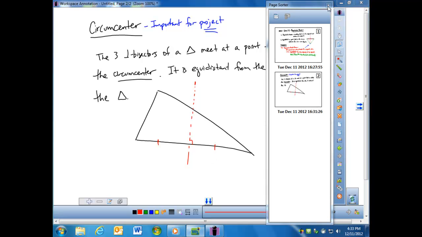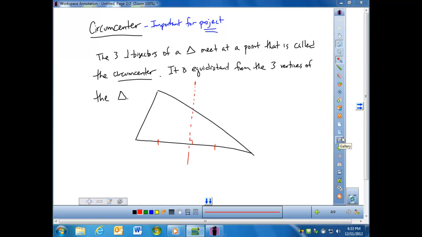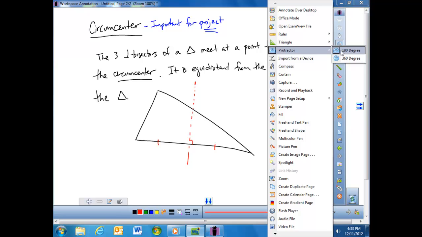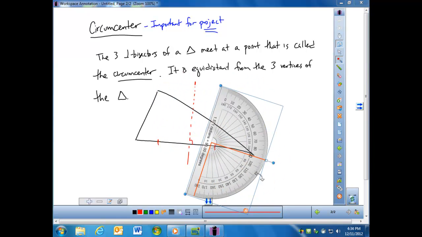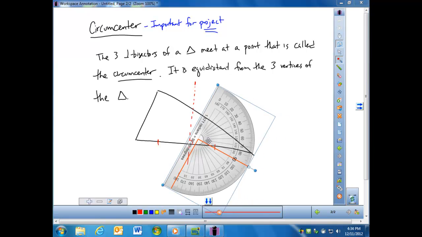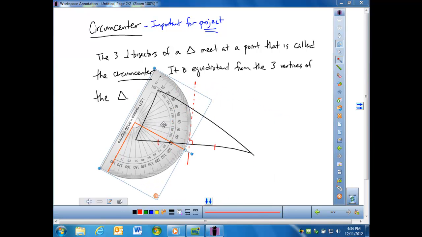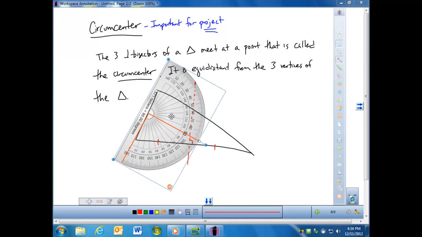Now I'm going to repeat this process for one of the other sides of the triangle. Just bear with me here as I try to get my protractor to work, it's being a little temperamental right now. There we go. I'll turn this thing around and slide it over there. Again, I'm not being overly neat and accurate with where that midpoint is.